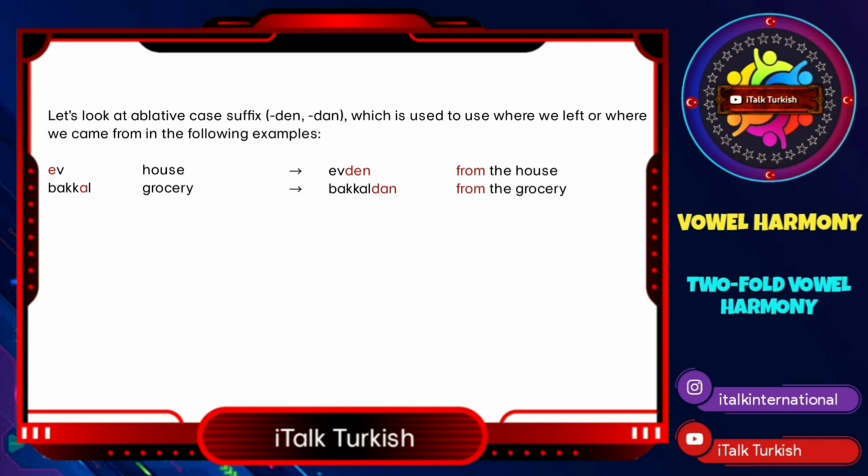The last vowel is a. The ablative case suffix must have a. We had said that if the last vowel of a word is one of a, ı, o, u, the suffix takes a.